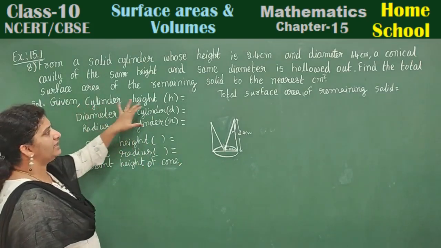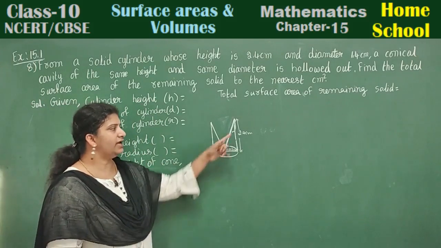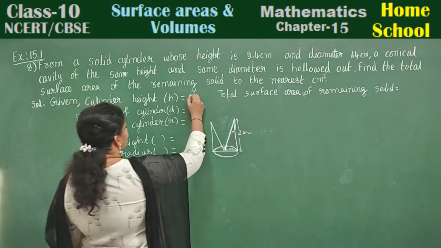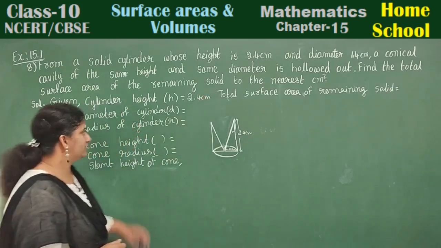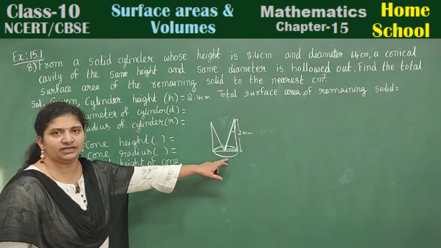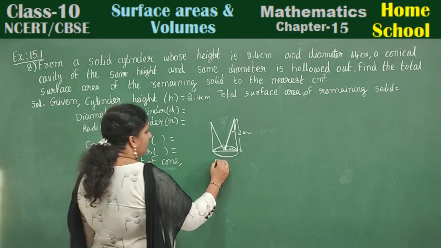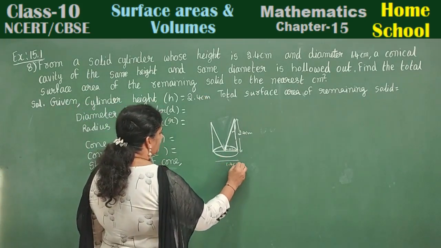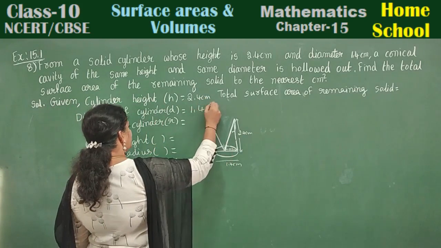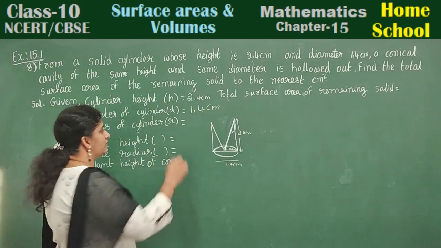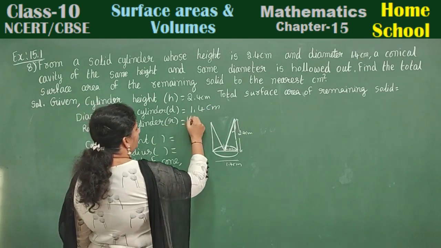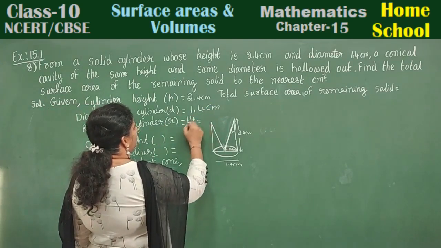Given cylinder height. Cylinder height is how much? H is equal to 2.4 centimeters. Diameter of the cylinder is 1.4 centimeter. I don't want diameter to solve the problem. I need radius. Radius is equal to half of diameter.